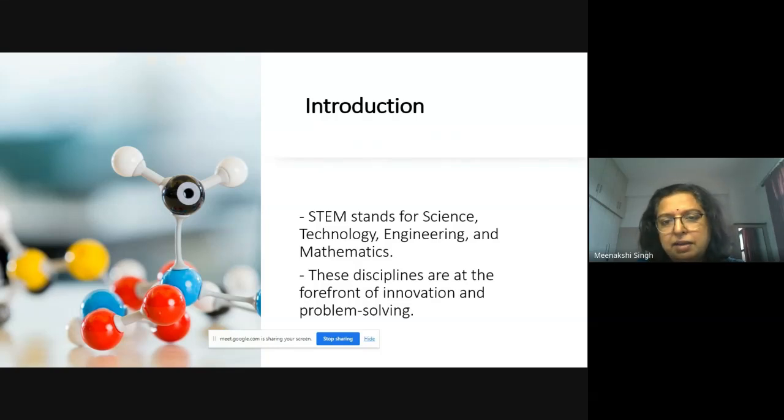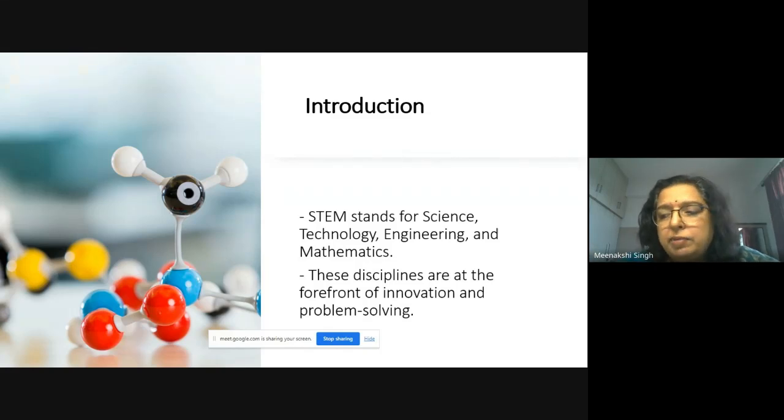We all know that STEM stands for science, technology, engineering, and mathematics. There's nothing new about it. But what we don't know is how to actually see it take shape in our classrooms, how to actually perform, and what does a teacher do when STEM is in operation.